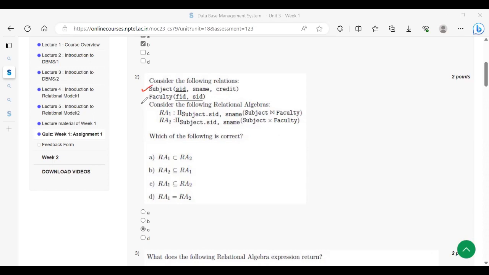The first table is called subject and the second is called faculty. In subject, the fields are SID, SName, and credit. In faculty, we have faculty ID and SID.